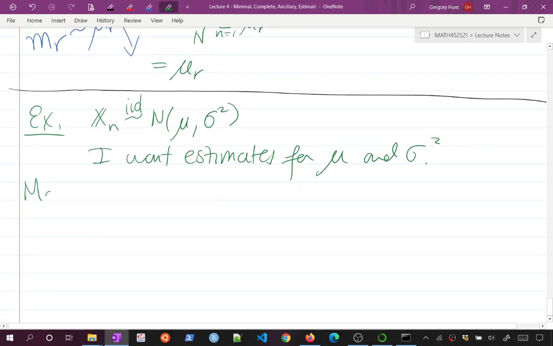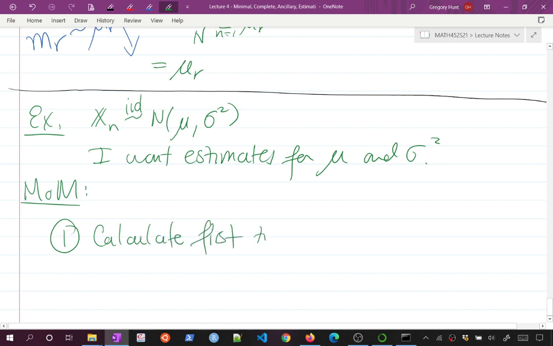So MOM, method of moments, is going to work like this. First thing I'm going to do is calculate the first two moments of my normal mu sigma squared distribution.